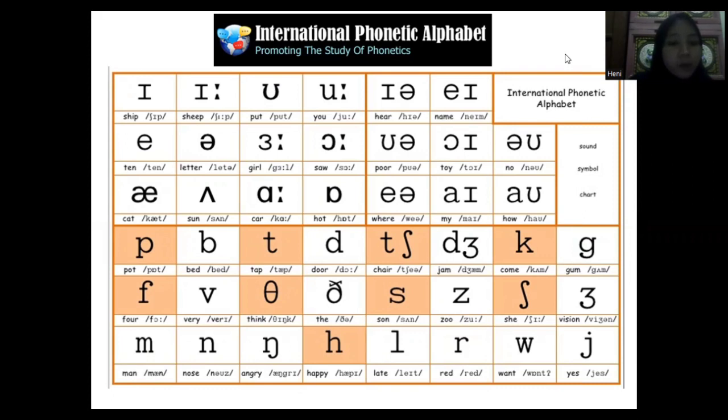Next, the sound in letter includes central vowels, for example, letter.